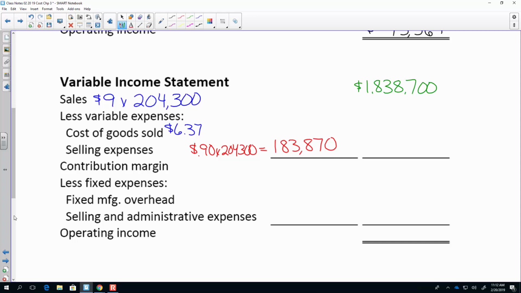If I take 6.37 times 204,300, that's $1,301,391. Then $1,485,261. The subtotal is called contribution margin under a variable statement.